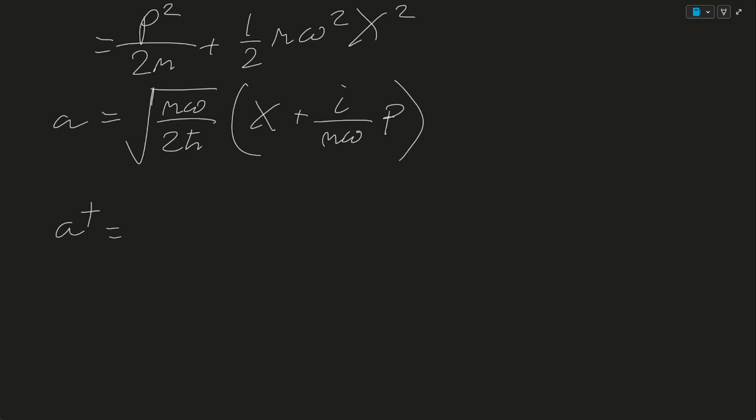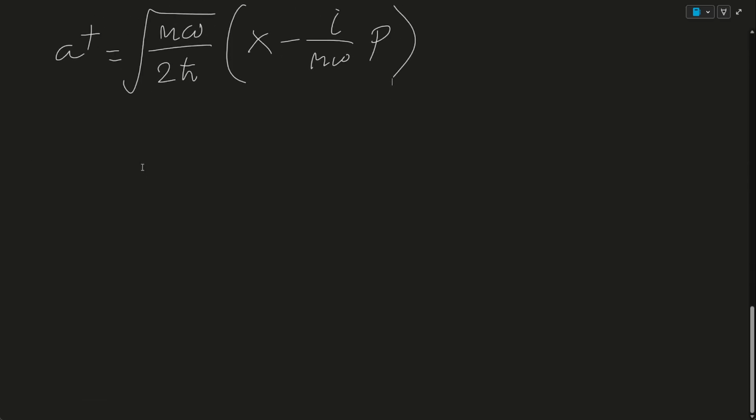Well, you see, it would be the Hermitian adjoint, but A is non-Hermitian. I'll just call it A dagger. A dagger is then going to be root m omega over 2h bar, and this will be x minus i over m omega p.